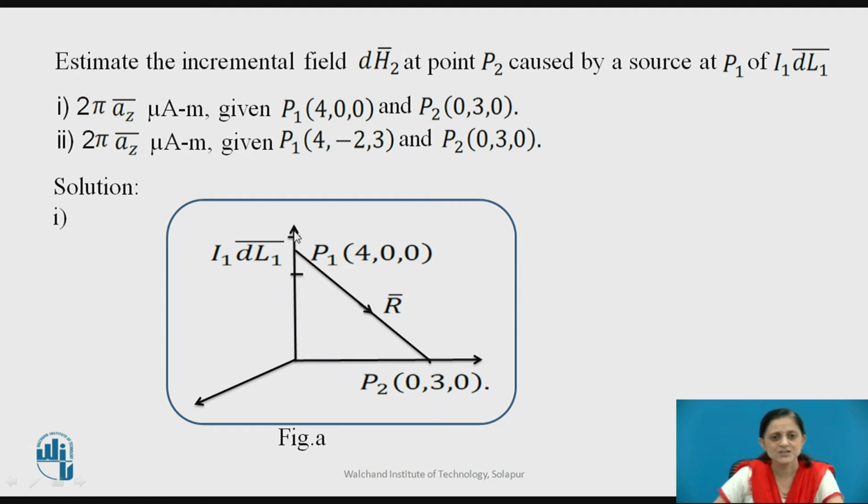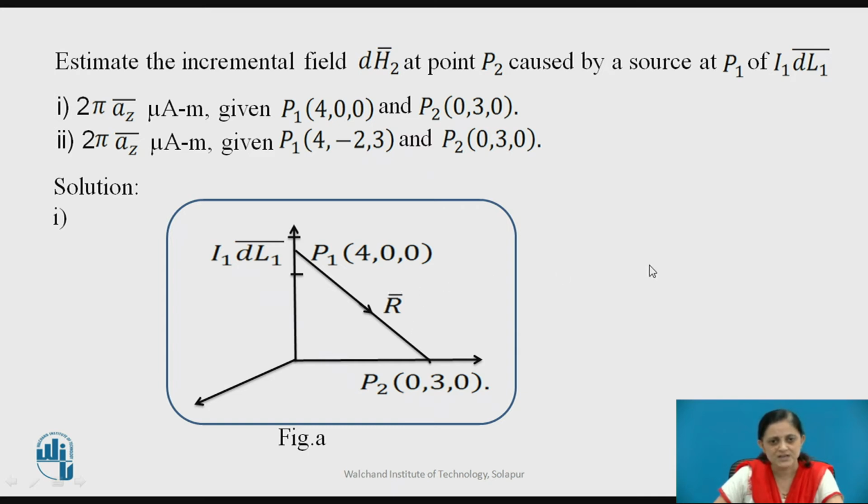The differential current filament is along this z direction, so it is given as I1 dl1 bar, and therefore this is written here as a I1 dl1 bar. It shows the differential current filament or differential current length. At this point P1, which is (4, 0, 0). If you know the two points, then you can first define the r bar vector.